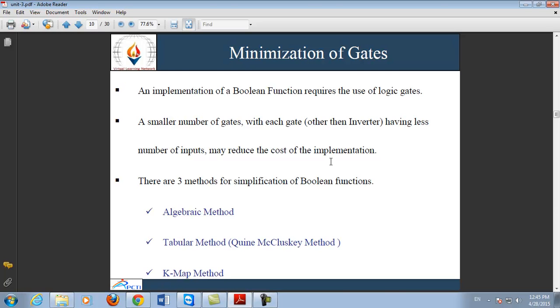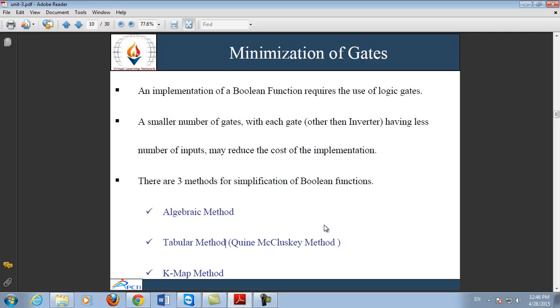Means you can use any of the three methods: algebraic, tabular and K-map. Algebraic method can be used with the help of Boolean functions, and algebraic method is used indirectly in tabular method and K-map method. Means the basis of these three methods is the algebraic method.